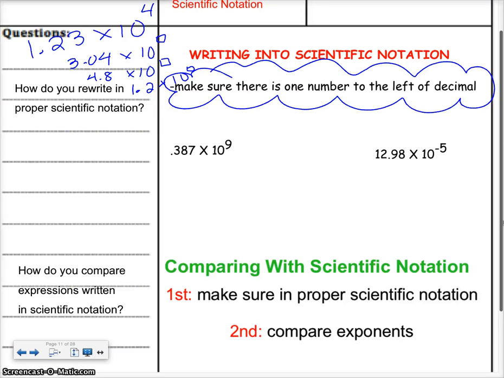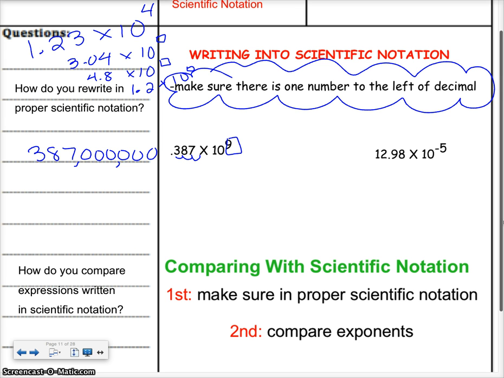There's a couple ways you can do this. You can go the long way, which will never steer you wrong, or you can think logically about it. I'll show the long way first. 0.387 times 10 to the 9th is not in proper scientific notation. I can turn it into proper form by actually doing it, because it's still about moving the decimal. So I move the decimal 9 spots: 387, then 6 placeholder zeros, 387 million.